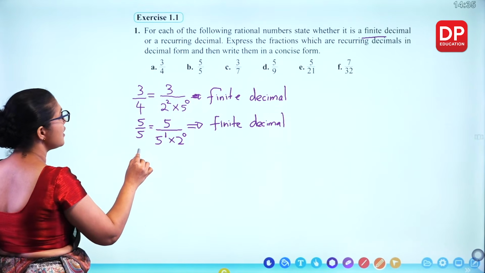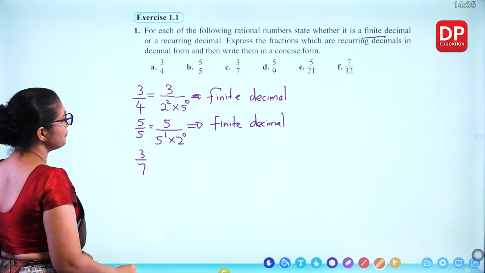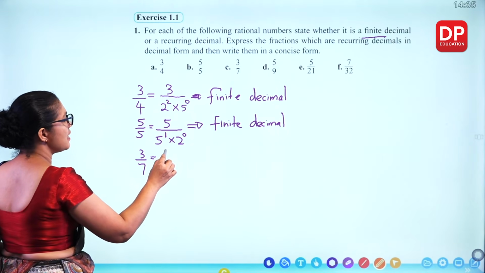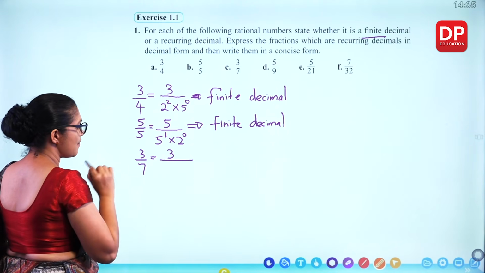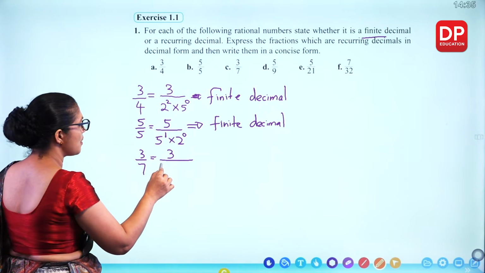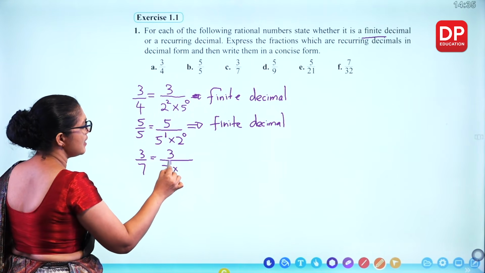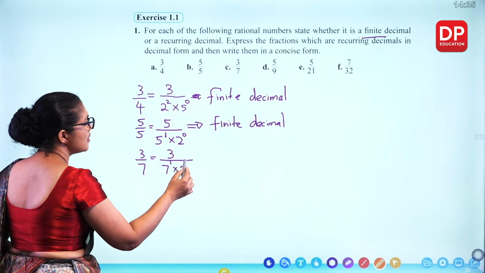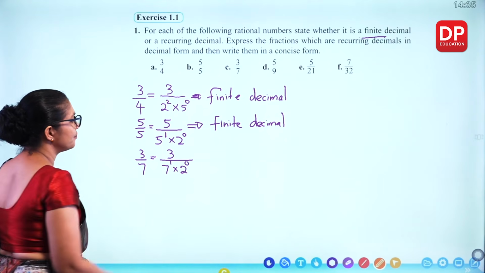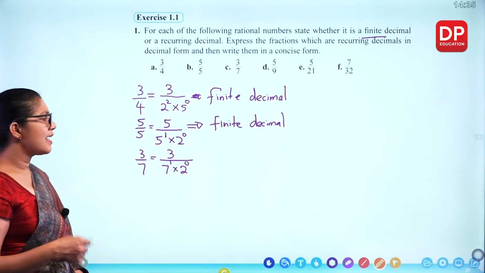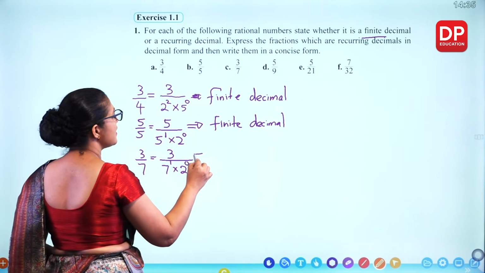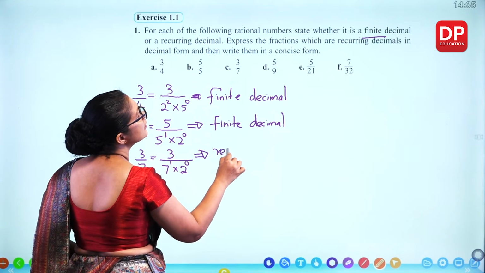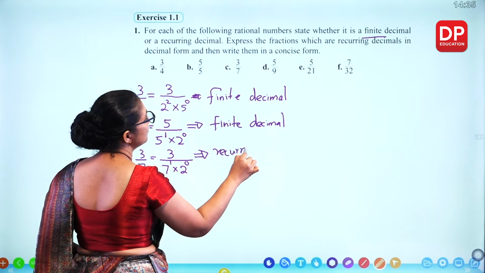Next one, 3 over 7. Can we write in that form? 3 is there. 7, you can write 7 to the power 1 and you can write 2 to the power 0 or 5 to the power 0. But this is not in that form. So we can write this one is a recurring decimal.